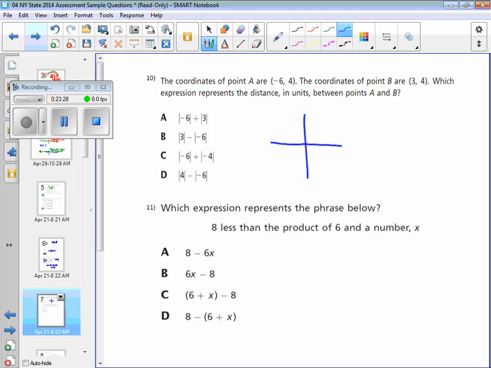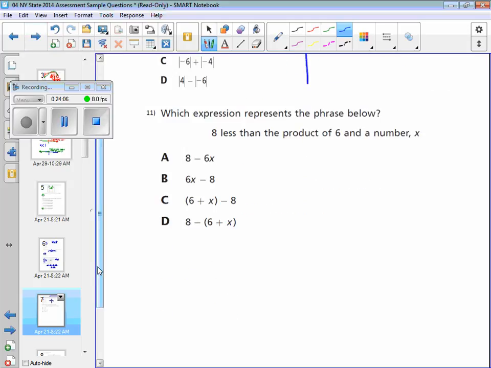Negative 6, 4 would be about here. 3, 4. Horizontal, opposite, and add. So what are we finding? What are we adding? Well, it's the absolute value of negative 6 and 3. You're adding those two numbers together, which is choice A. Okay, we've done it. It was just asked a little differently, but you've done it.